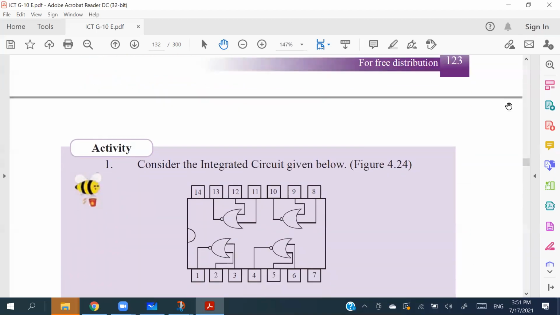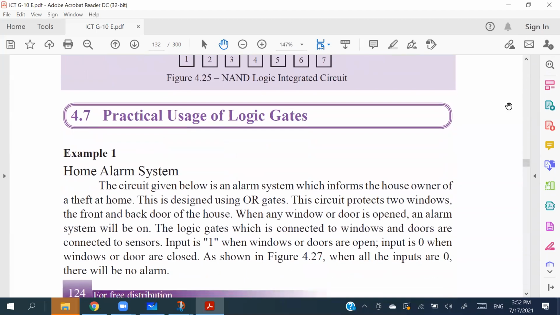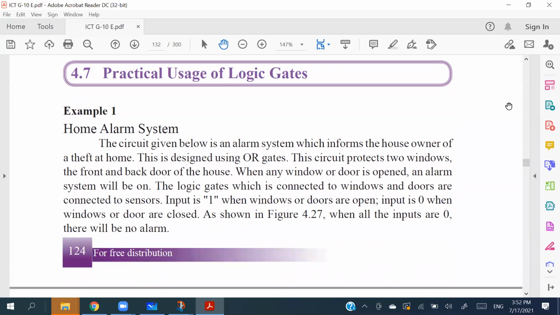Okay, so let's move to the next one, practical usage of logic gates. This is where the logic gates come into action. In this section, we are going to discuss a particular scenario and whether it can be handled using logical activities.